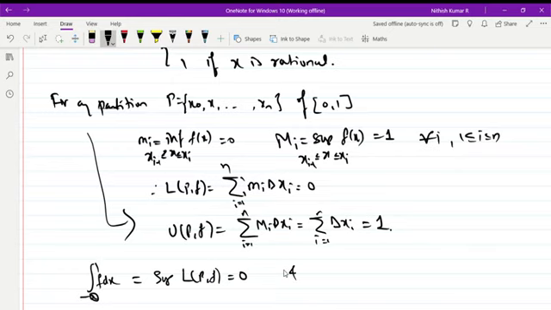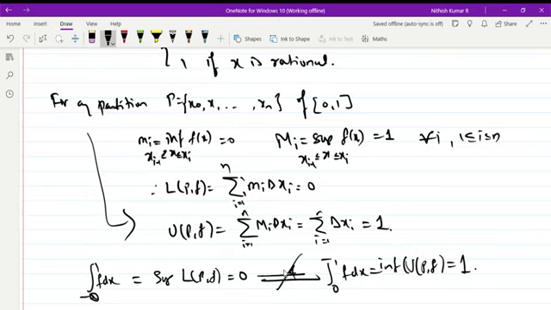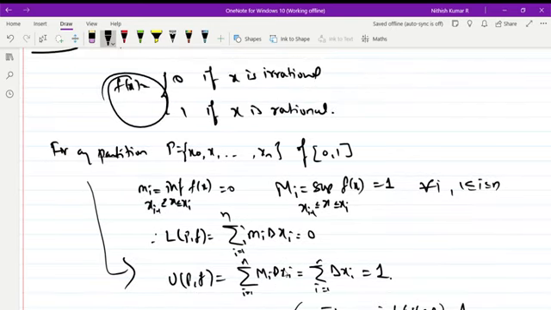And the upper Riemann integral from 0 to 1 of f dx is nothing but the infimum of UPF, and here we are getting it as 1. So the lower Riemann integral is not equal to the upper Riemann integral, hence this function is not Riemann integrable.